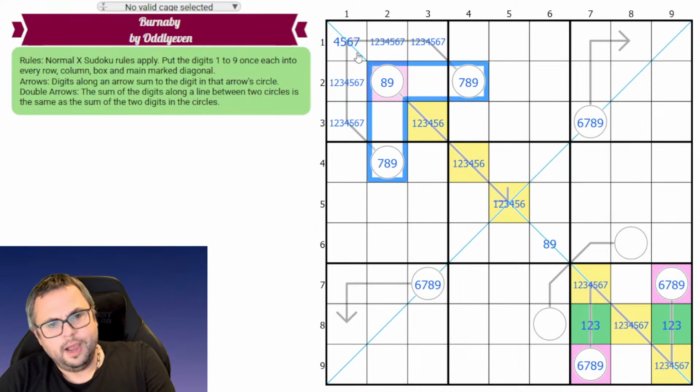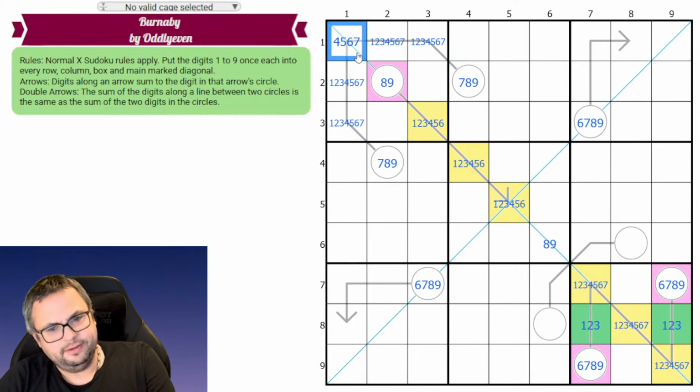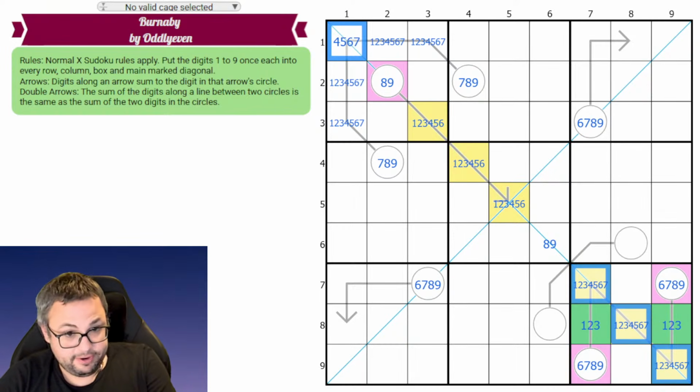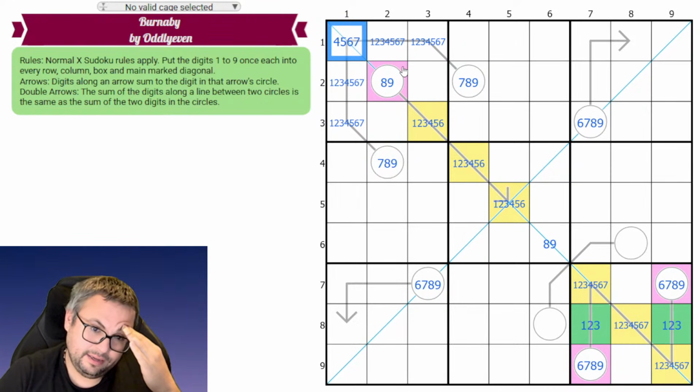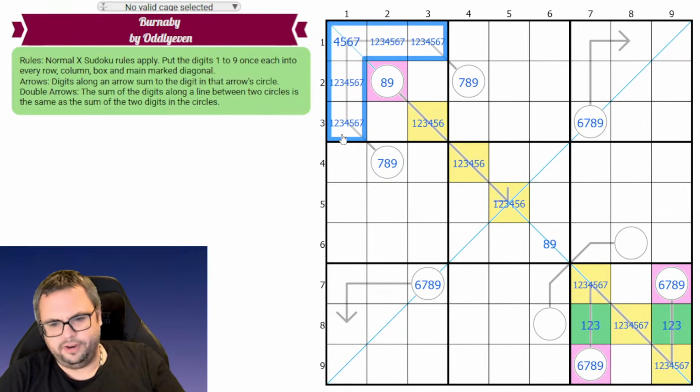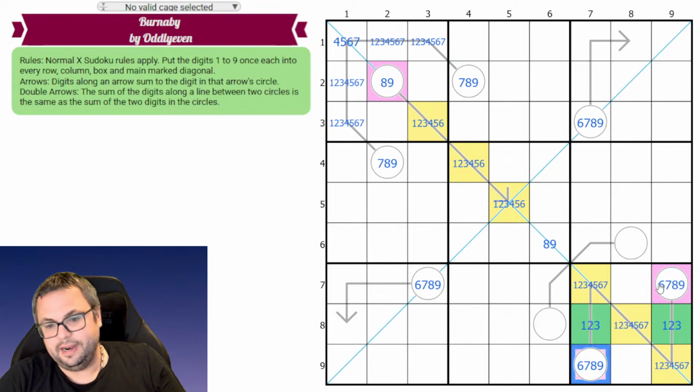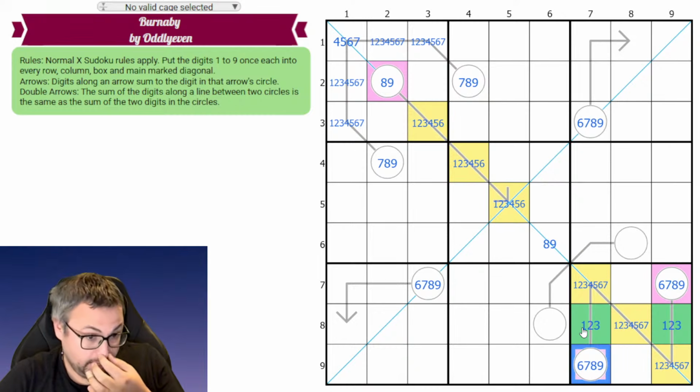Okay, so either that cell is a 7 or one of these cells is a 7, which means... Oh, interesting. If this is a 7, it creates very weird stuff going on. If this is a 7, then these are an 8, 9 pair, of course.